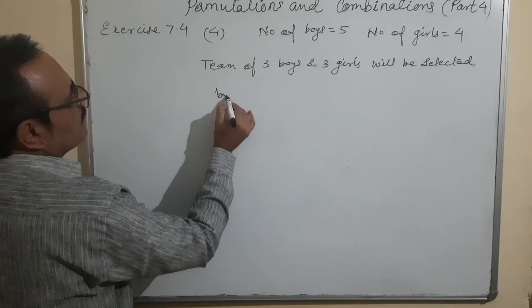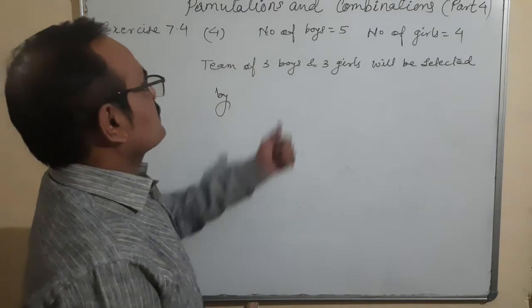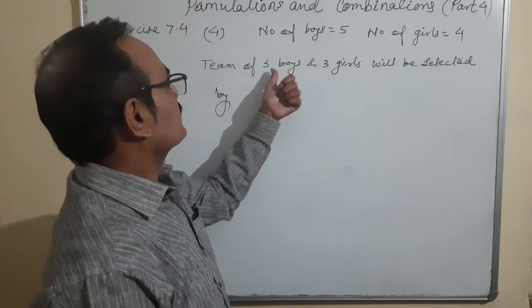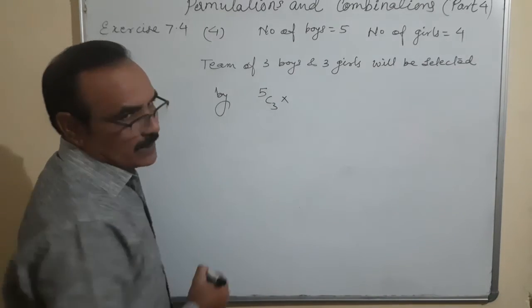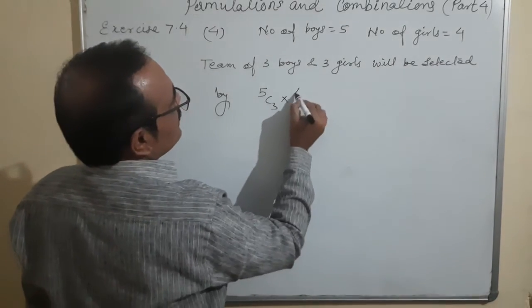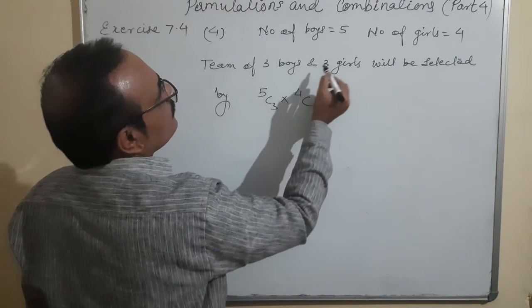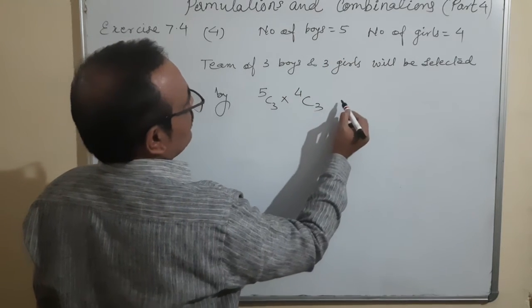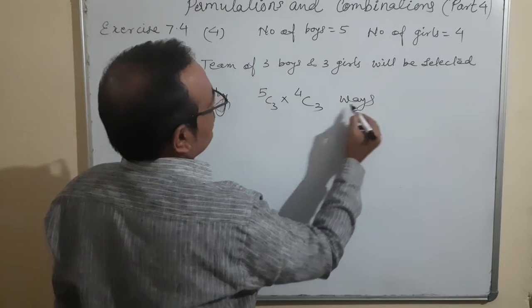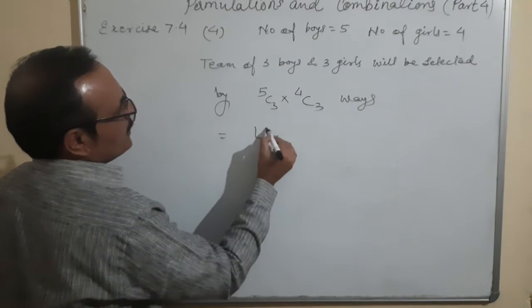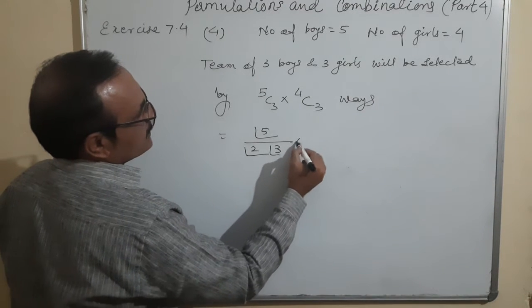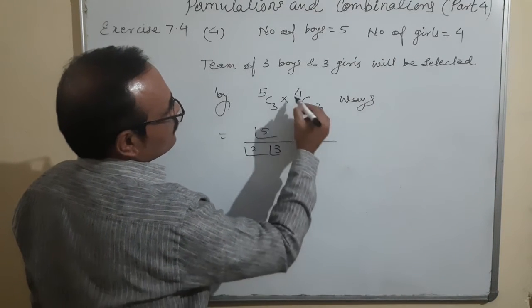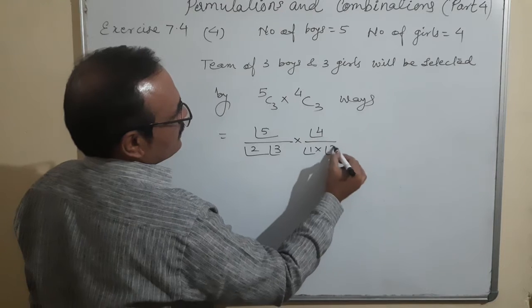By how many ways? Because the number of boys is 5, we are going to select 3 boys. So the procedure is 5C3 multiplied by 4C3 ways. For 5C3, what does it mean? Factorial 5 upon factorial 5 minus 3, factorial 3, and 4C3 is factorial 4 upon factorial 4 minus 3, factorial 3.